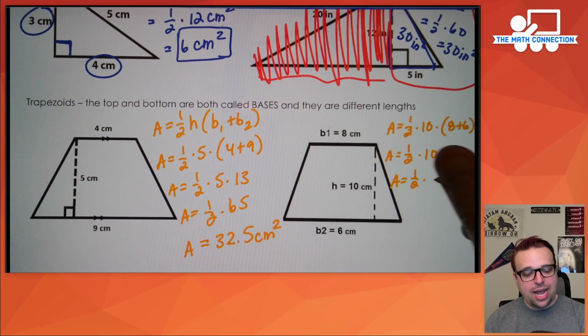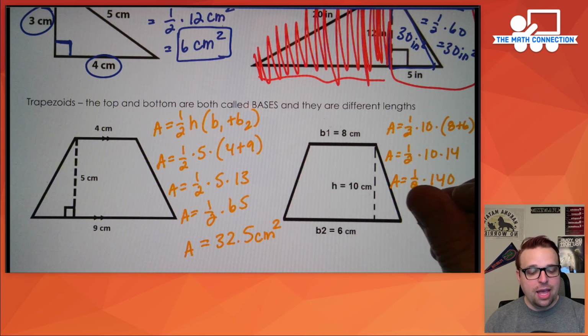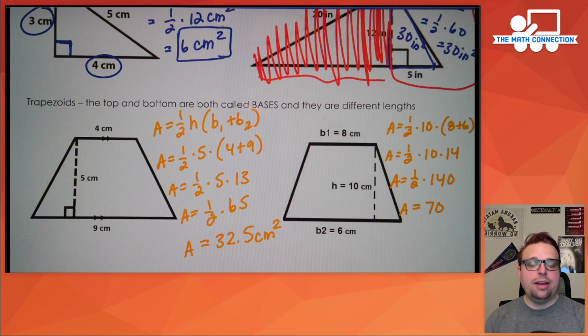Area is 1/2 times 140. 10 times 14 is 140. And then half of 140 is going to be 70. Now we're done with the calculation part. We just need to make sure that we get the units, which is centimeters squared. It's in centimeters and it's a two-dimensional measurement by base and height, so that has to be squared.